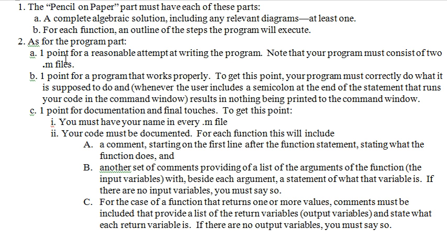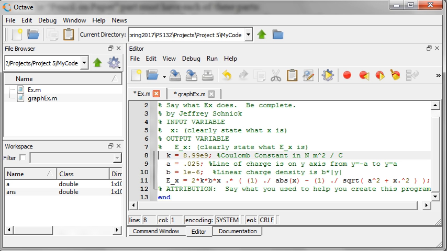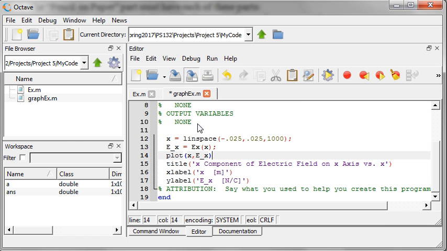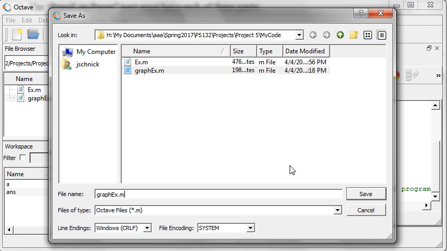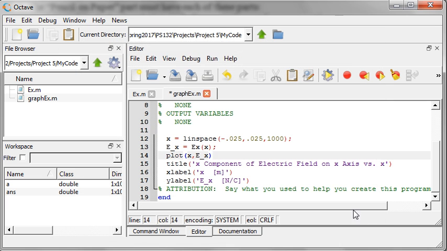And then 1 point for a reasonable attempt at writing the program, I think I did that. 2 .m files, got that. I'm going to make sure I save those. So save that one, and then go over to this one and save that one.